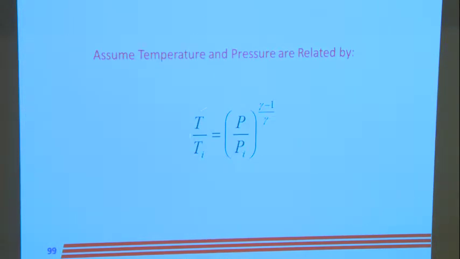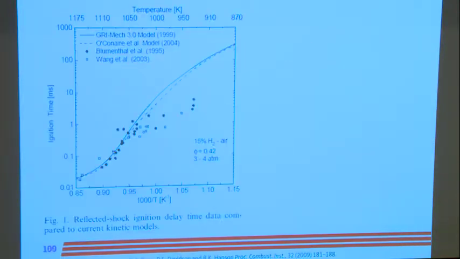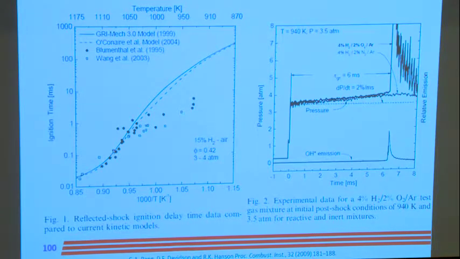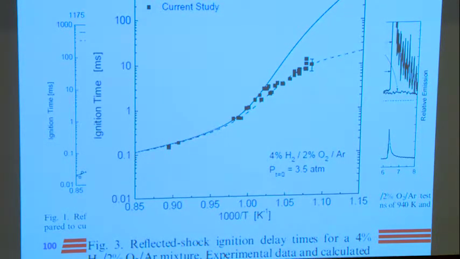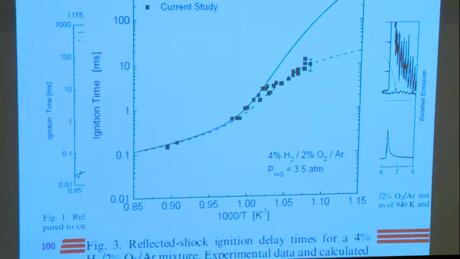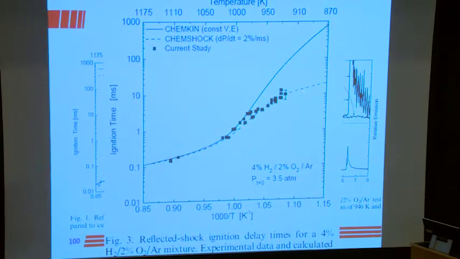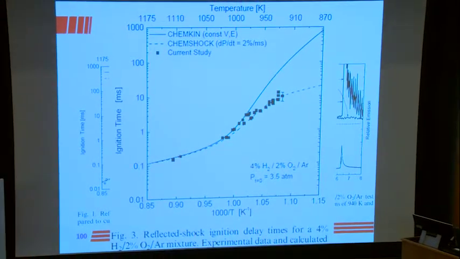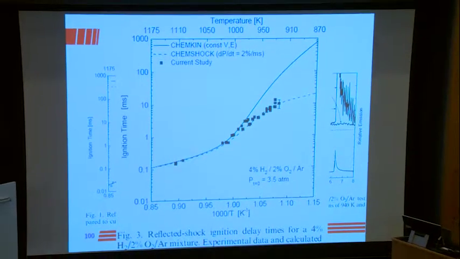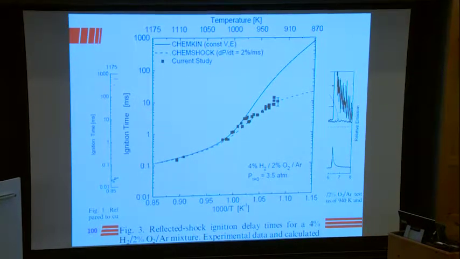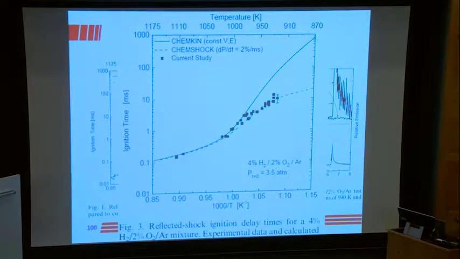And what they found was, using this relationship, which is what we use in the rapid compression machine, if you simulate this dP/dt, I don't know which mechanism they used, it doesn't matter, maybe GRI mech, you actually match the data very well. So by taking that dP/dt into account and including it in your simulation, you can match the data.